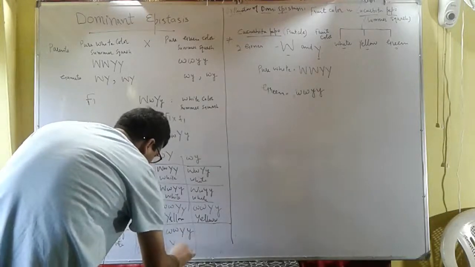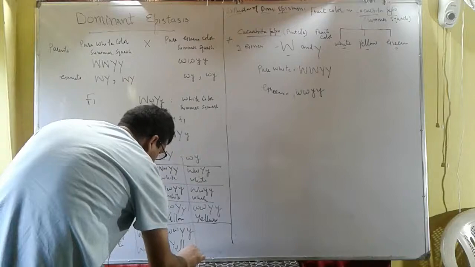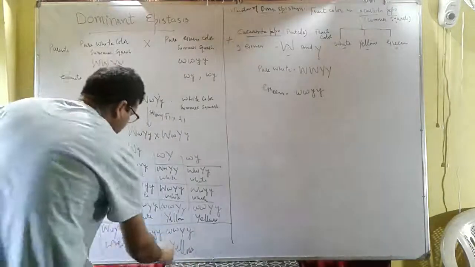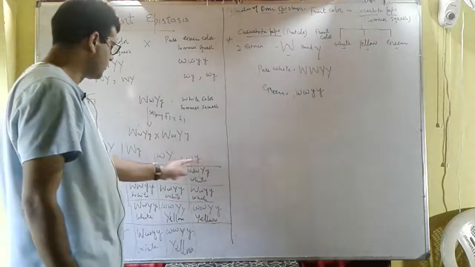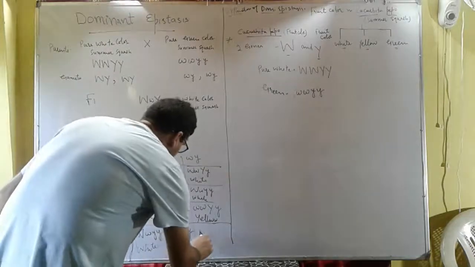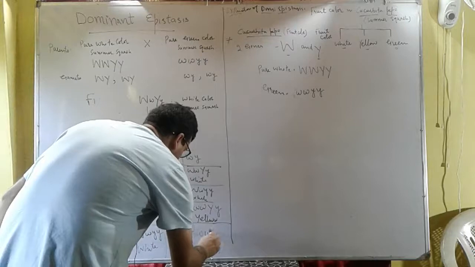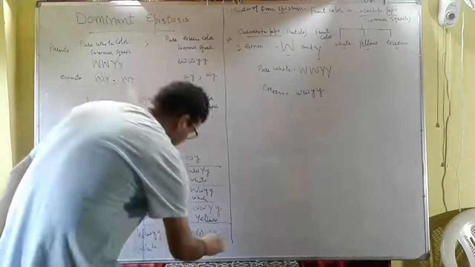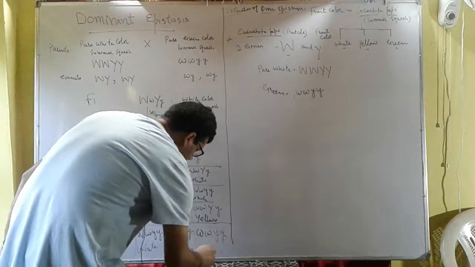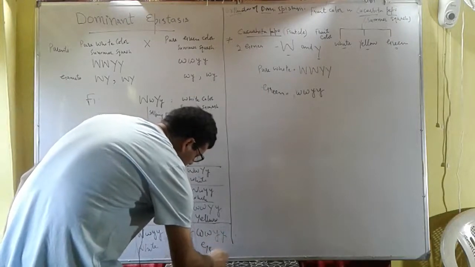This is yellow color summer squash. And then we have double homozygous recessive, that is double recessive, small w, small y. This is green color summer squash.